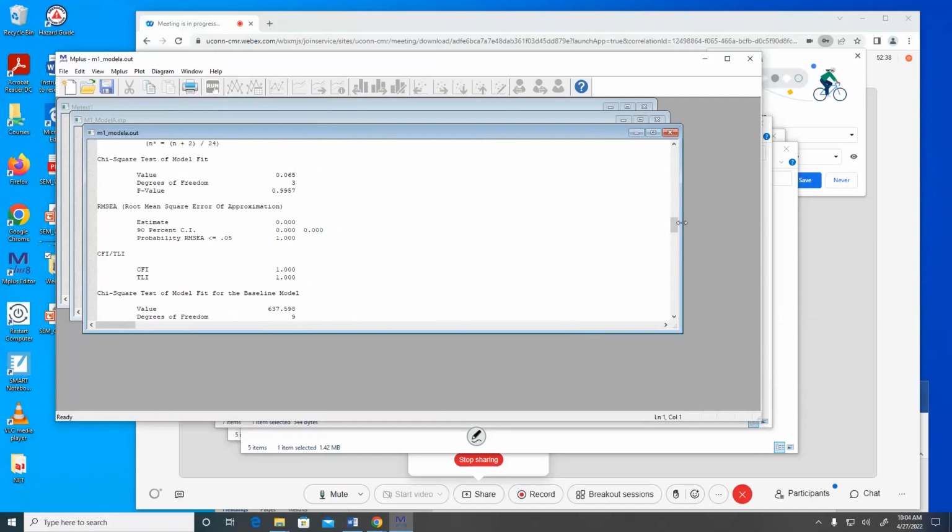The chi-square test of model fit here is 0.065 with 3 degrees of freedom. It's not statistically significant. All my fit indices look really, really good. Now, don't let this throw you. This just happens to be a chi-square that's close to 0, but there's no reason that this chi-square would necessarily be close to 0. This just happens to be a really good fitting model. Okay, so that's the first step.